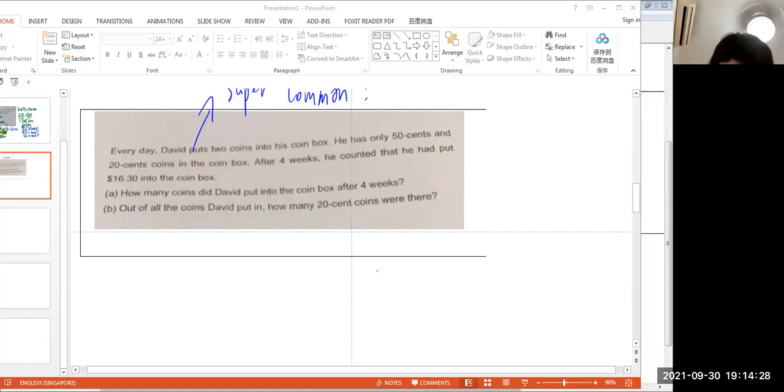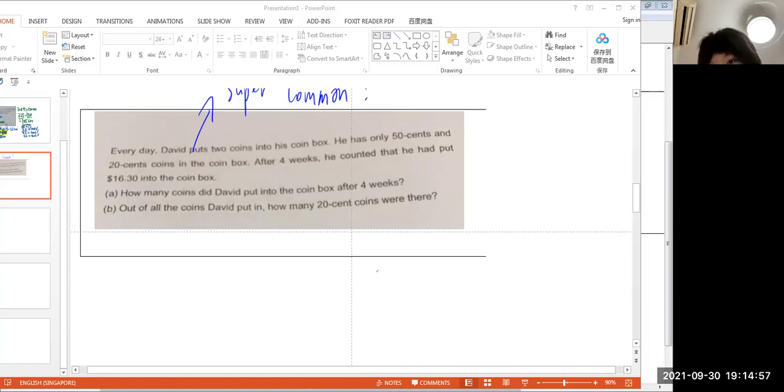Actually, your A already can tell you the total number of coins. Then you can just assume U number of 20-cent coins. Then you can fill up the table already. A should be very straightforward.